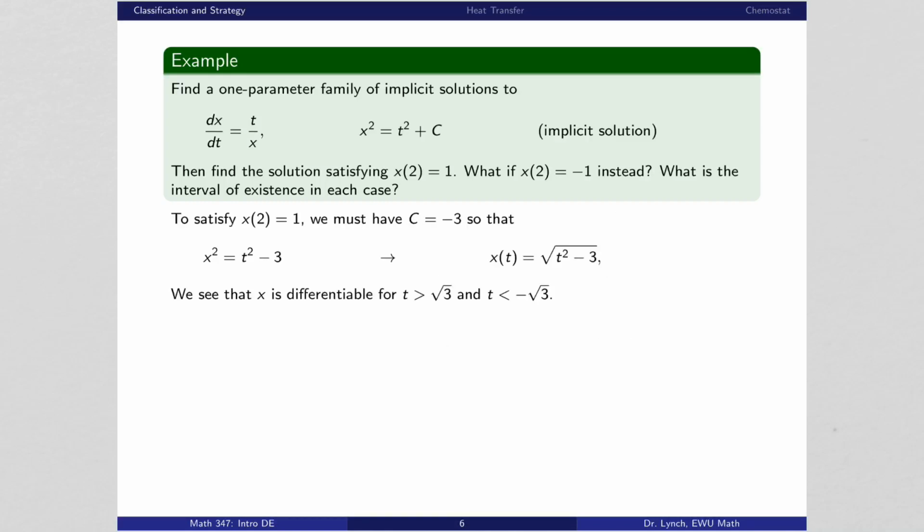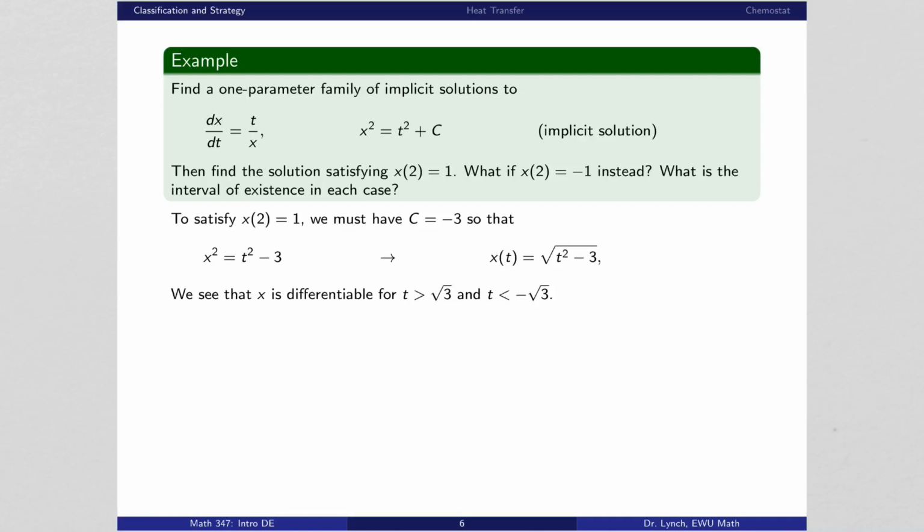Okay, so if we want to find the family member that satisfies x at t equals 2 equals 1, it's pretty quick. We have to have c equal to -3, and if we want to ensure that x is a positive number, when we go to choose a branch of our square root function, we want to choose the positive branch.